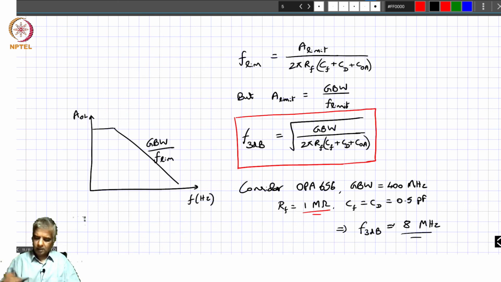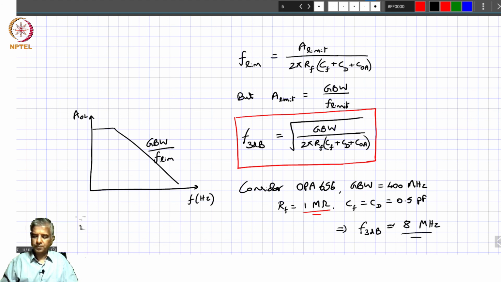In practice, you will find that some of these capacitance values are not so low. The op amp capacitance is also not negligible. So you will struggle to get even this value. It's going to be lower than that because of all these parasitic capacitances and all. But that's a game you're going to have to play.